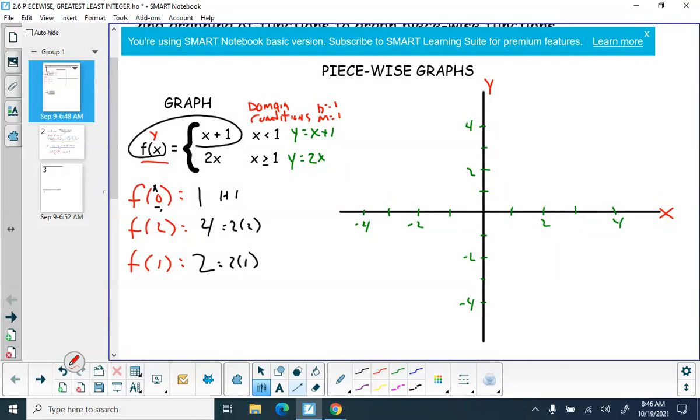So if I'm graphing this line, y equals x plus 1, I can put a dot at 1 because that's my y-intercept. Then I can go up 1 and to the right 1 and put another dot. And this is y equals x plus 1.